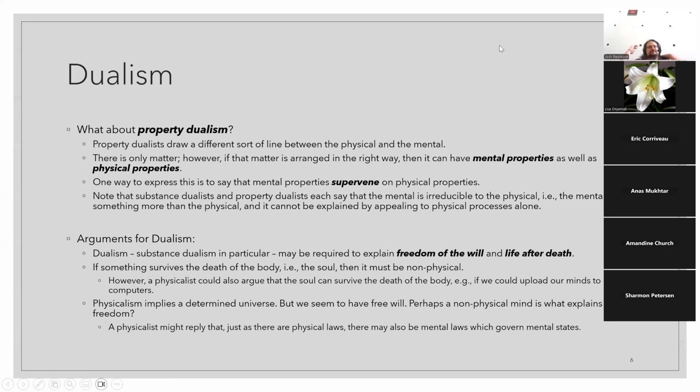So as I said earlier, property dualists do things a little bit differently. They say there's only physical stuff, but if that physical stuff is put together in the right sort of way, it can have mental properties in addition to physical properties. Remember the big bucket of goo example when we were talking about Aristotle?